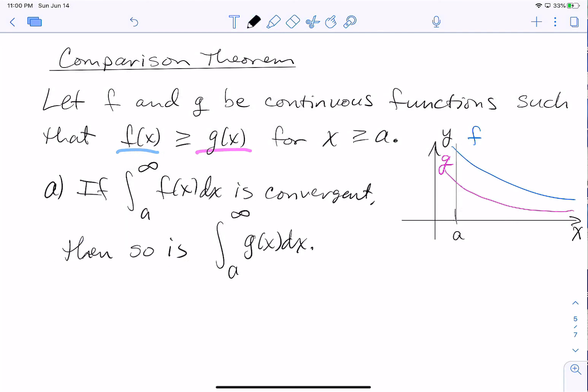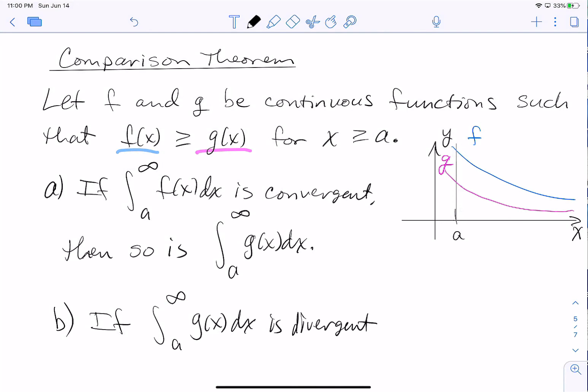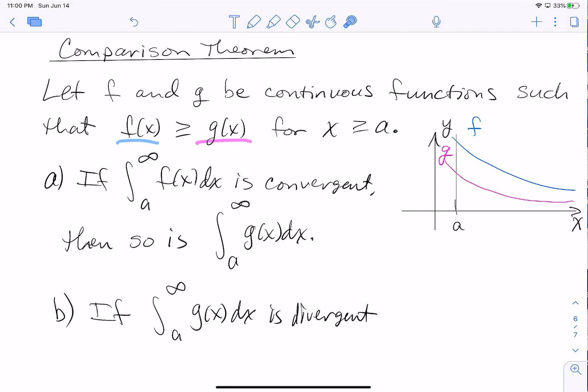There. Now, another conclusion we can draw is that if the integral from a to infinity of g of x dx is divergent, and before I finish writing that, let's go to the picture here.